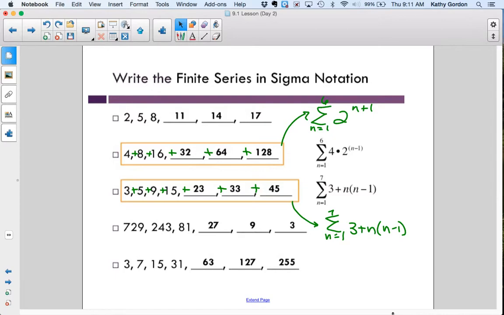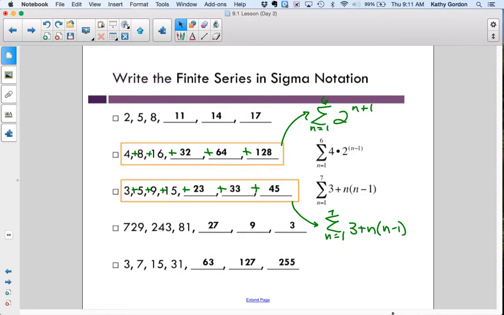So even tonight, I'm not sure that this actually happens, but just as kind of a tip on homework or maybe quizzes or tests, if you're being asked to write sigma notation for a sequence, look to see if that sequence was maybe already asked in a previous question about what would the function be.